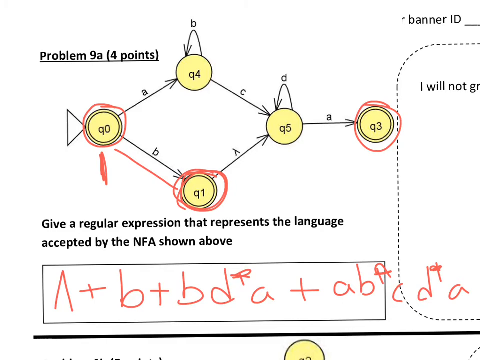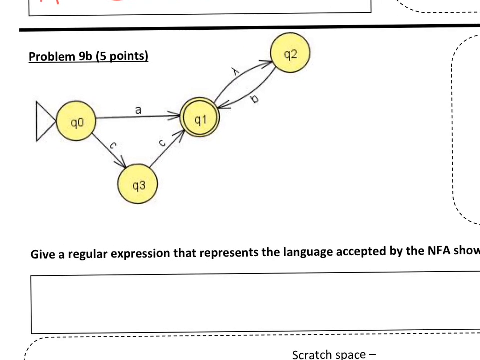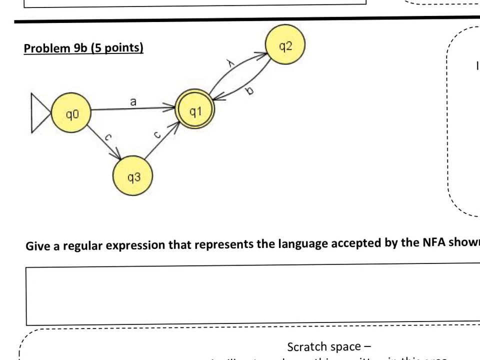Let's look at the second one. Okay, so on the second one, again, we're just trying to see what the paths to the accept state are, and Q1 is our only accept state. So we start at Q0, and we can either go A, or we could go CC.